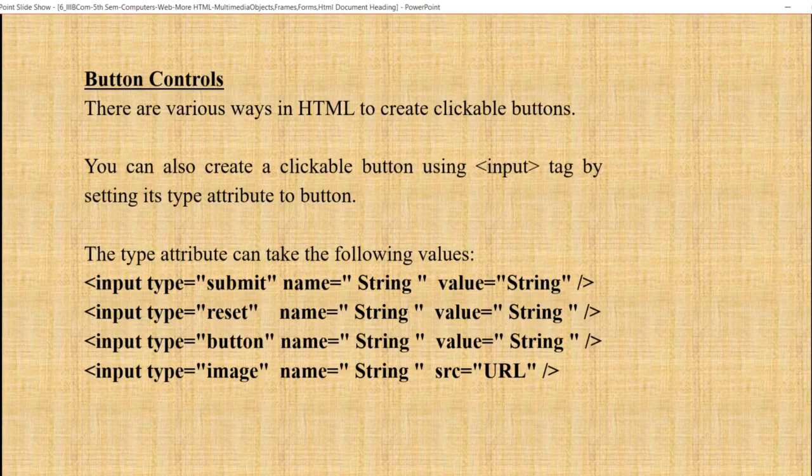Reset, this button can automatically reset form controls to their initial values. Button, this creates the button that is used to trigger a client-side script when a user clicks on that button. Image, by clicking on that image button, we can submit.